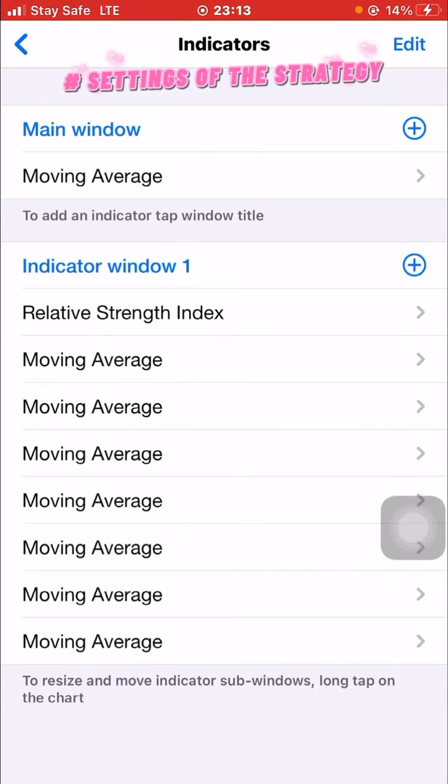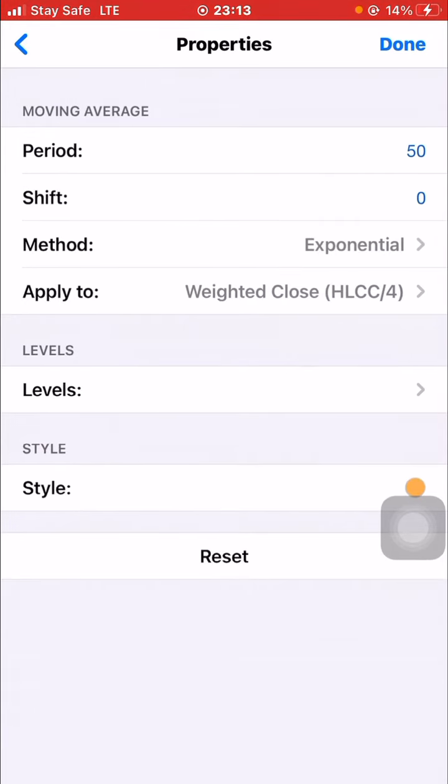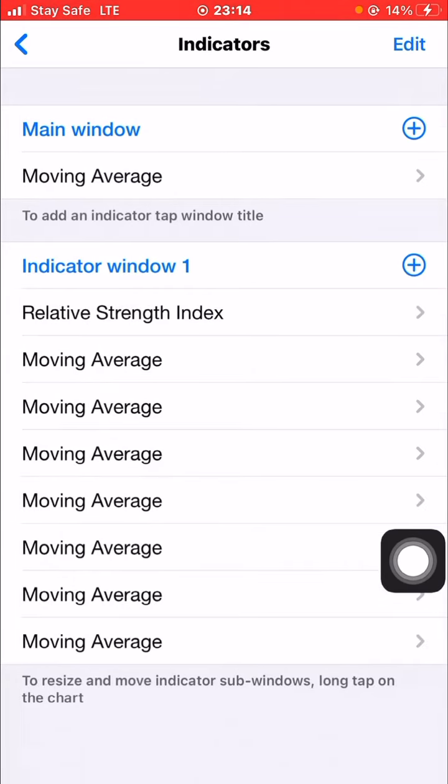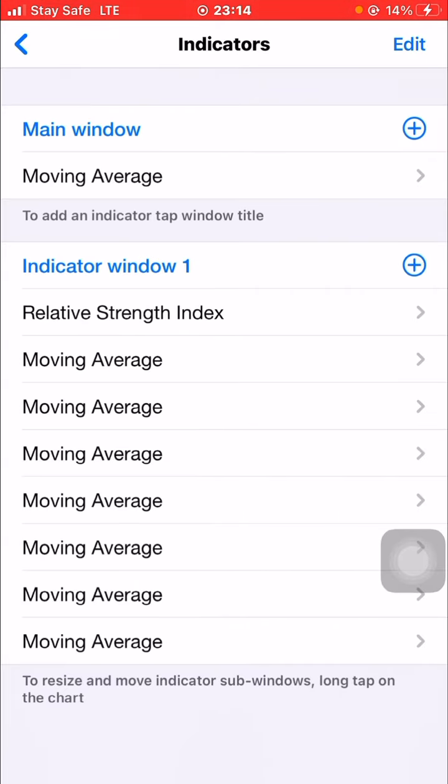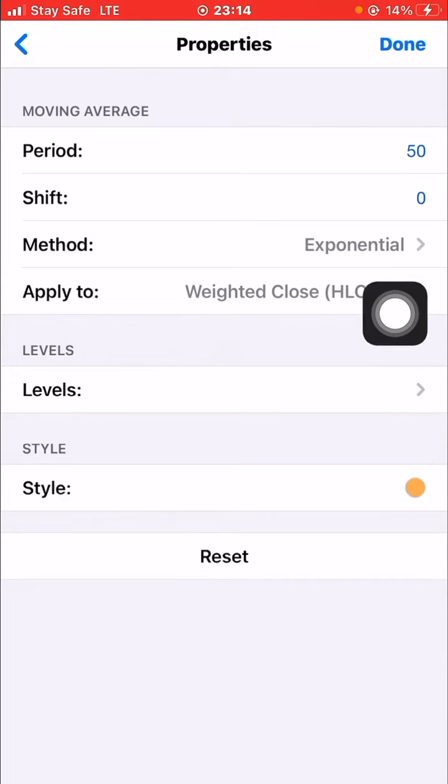On the main window, indicator number 1, we have the period 50 moving average, shift 0, method exponential, applied to weighted close.